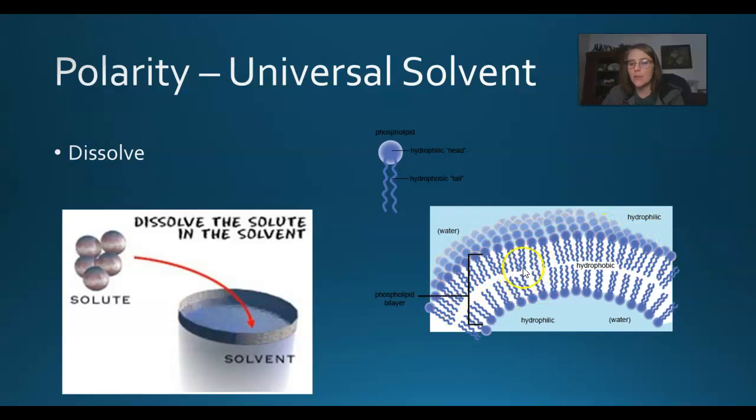The inside hates water and the outside likes it. And that basically provides a barrier so that things can't get into and out of your cells without your body letting them in. So water being polar also helps us make things in life, like cells, waterproof so that they can keep some water out and keep some water in and maintain homeostasis.